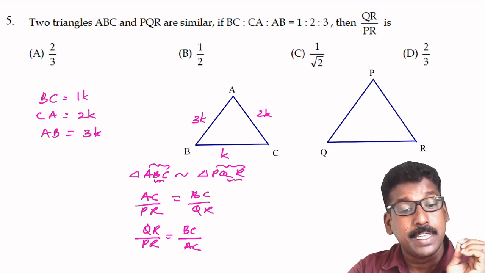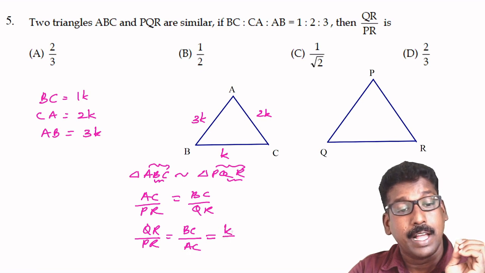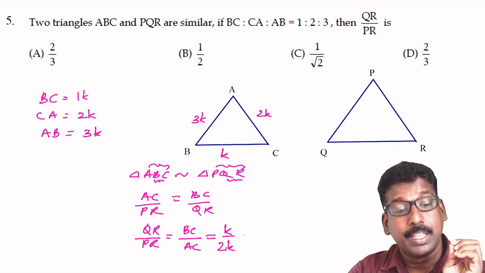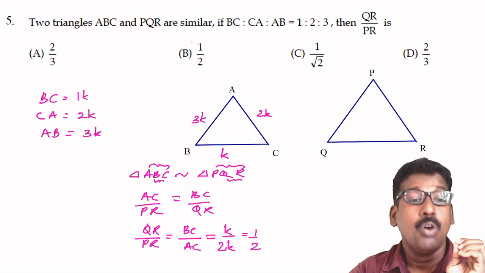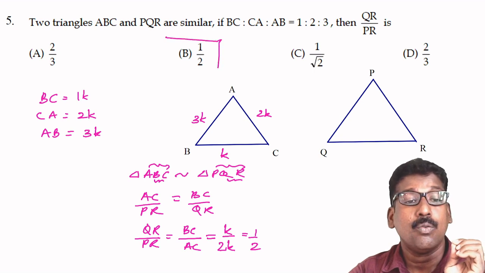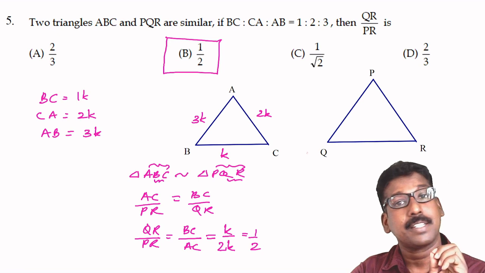What is BC? BC you can write as K, and AC you can write as 2K. K by 2K is equal to 1 by 2. So option B, 1 by 2, is your correct answer.